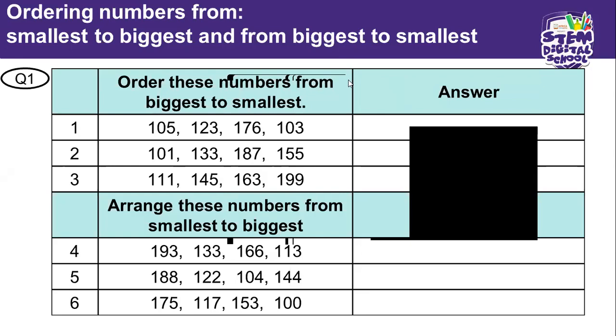Tuba. Okay, Tuba, let's see. Hi, ma'am. Yes, can you tell us what is the answer for the first one? You must arrange from the biggest to the smallest. So give us the answer.